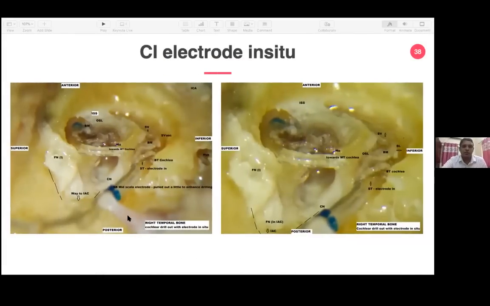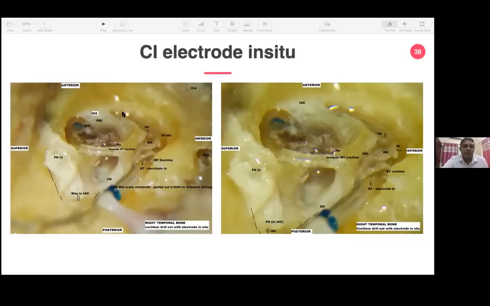Now, if you introduce an electrode like this, this will go like this. So you have to introduce into the scala tympani of the basal turn of the cochlea. Why? Because we are interested more in activating or stimulating the higher frequencies, which are responsible for the consonant recognition and word recognition, rather than going for the lower frequencies, which are usually well preserved in most of the cochleas.